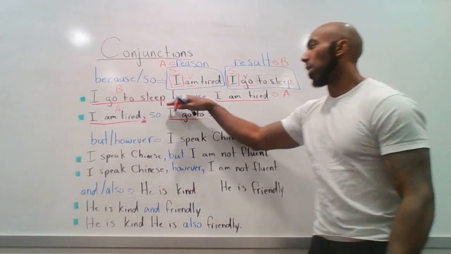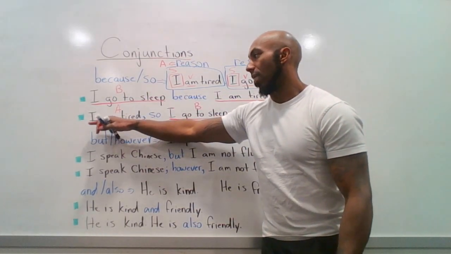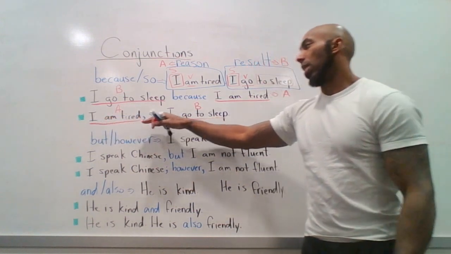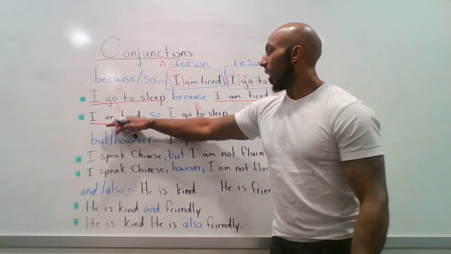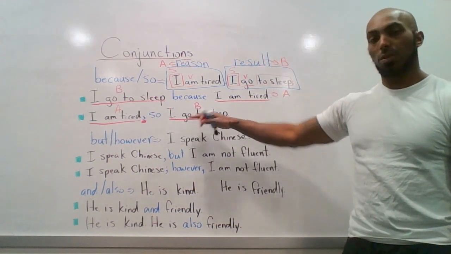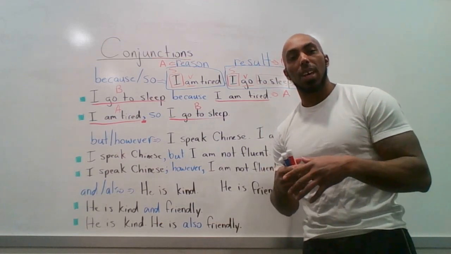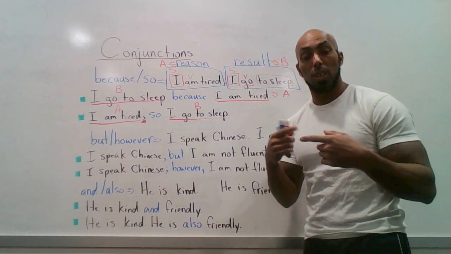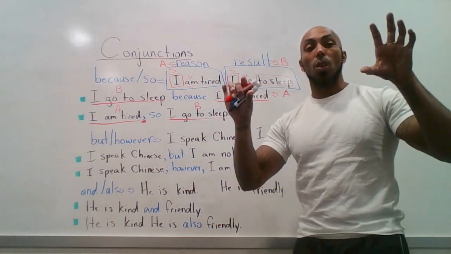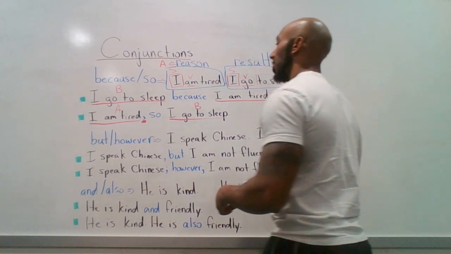So it's B because A. Here we have A, comma, so B. So we have the reason, and then we have the result. Now, because and so really mean the same thing, but you have to be careful when you change them into each other, because the order of the sentence will change too.